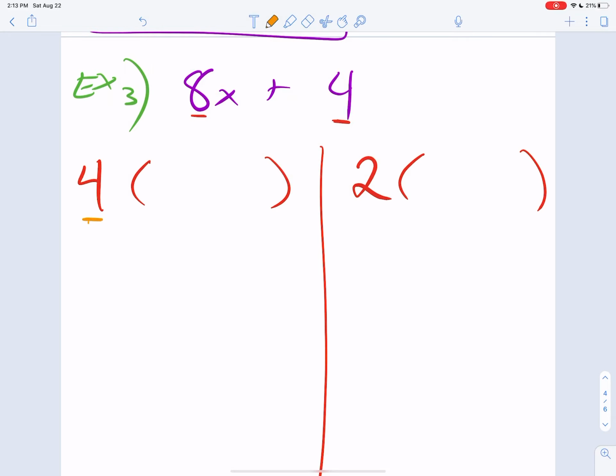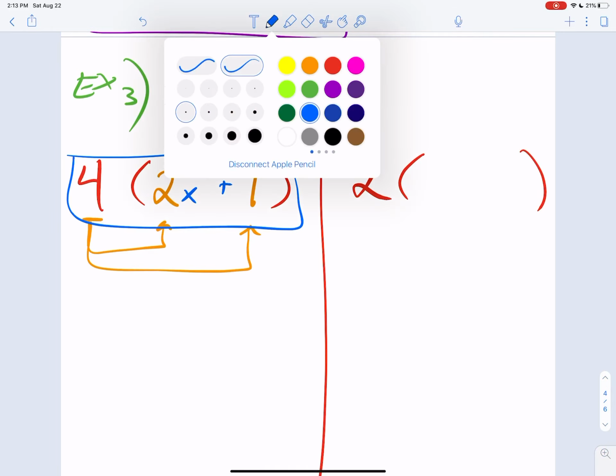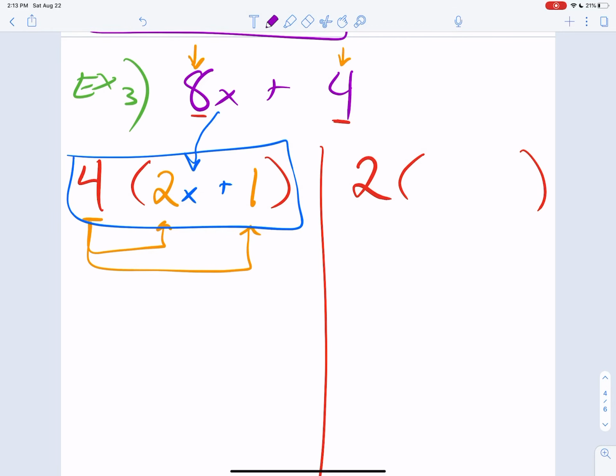If you take out a 4, 4 times 2 will give you the 8, okay? And 4 times 1 will give you the 4. Okay, we didn't take out any x's, so I'm just going to bring down that 1x right there, and don't forget my plus sign.